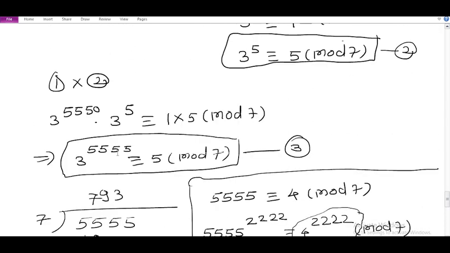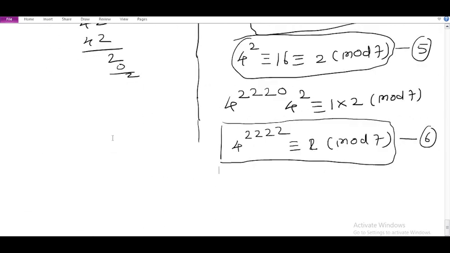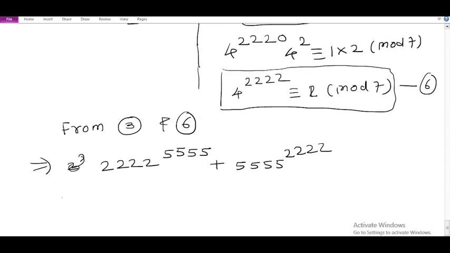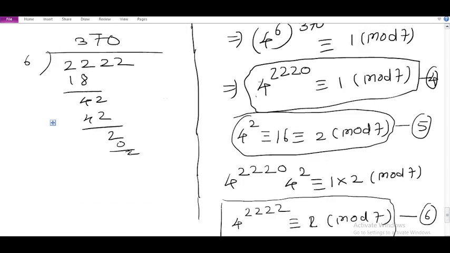So from 3 and 6, we can say that 2222 raised to 5555 plus 5555 raised to 2222, what is 2222 raised to 5555 from 3?